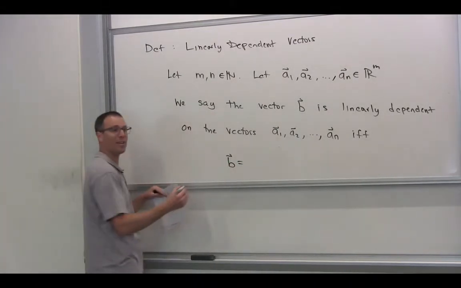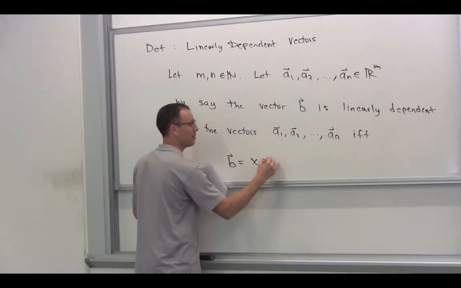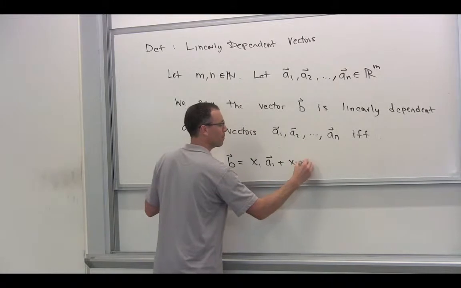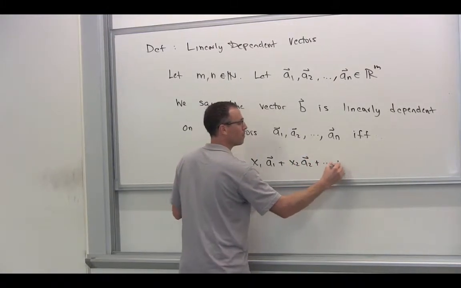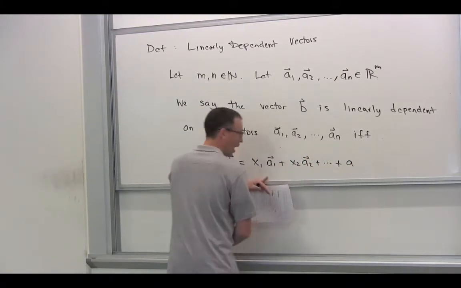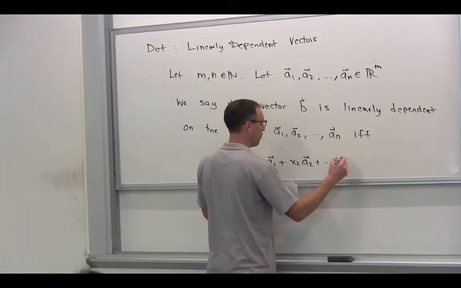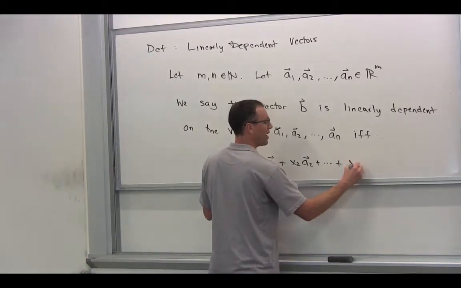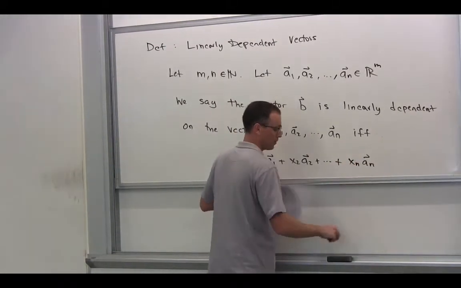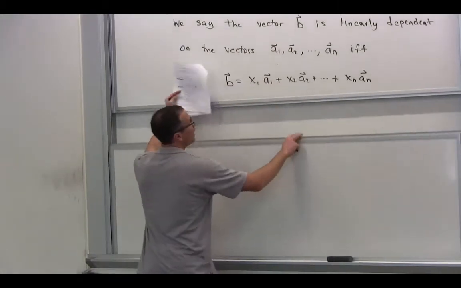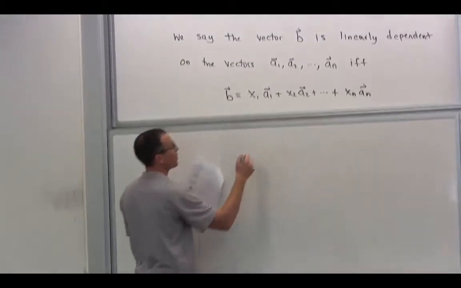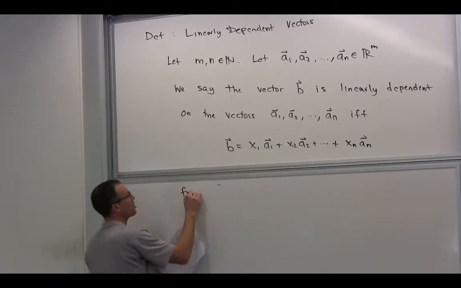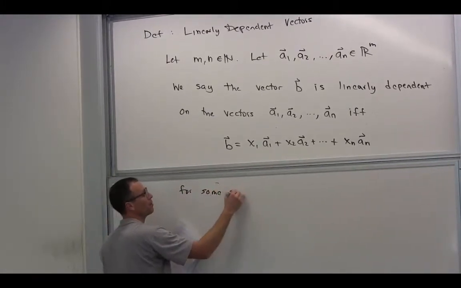B can be written as a linear combination of the vectors A1 through AN. So this is one context of linearly dependent. And this is for some set of scalars.